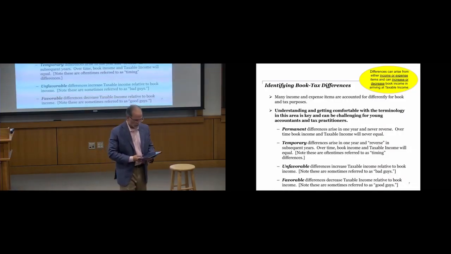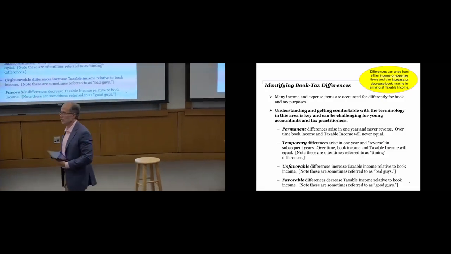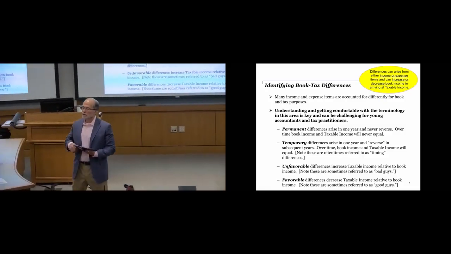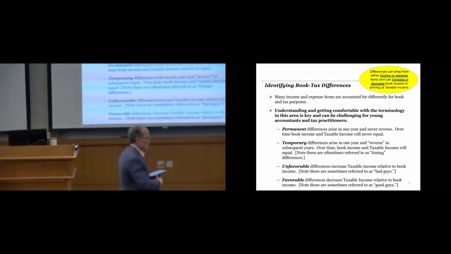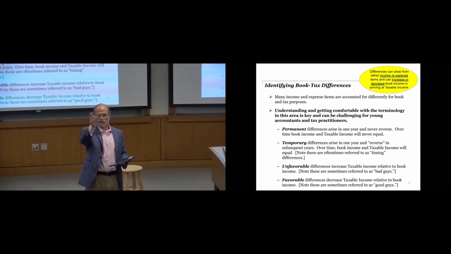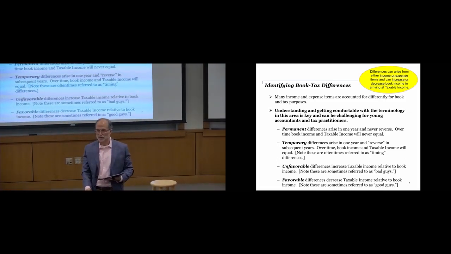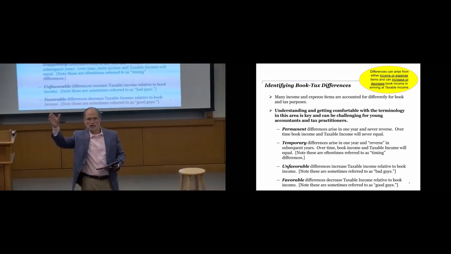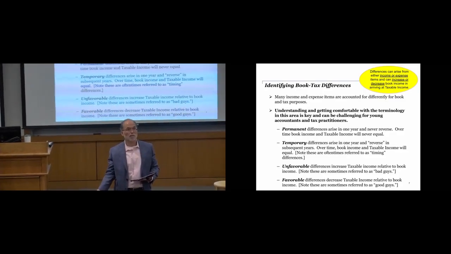Okay, book tax differences. I talked to several of you about this offline. I like to think about the columns. Okay, my first column is my book income, my financial statements. My second column is my adjustments, on my way to the third column, which is my taxable income, my tax return.